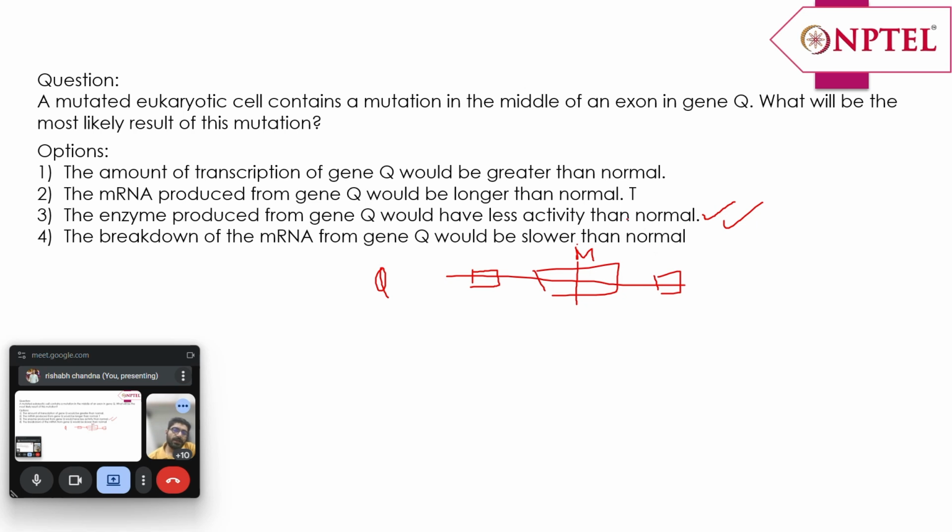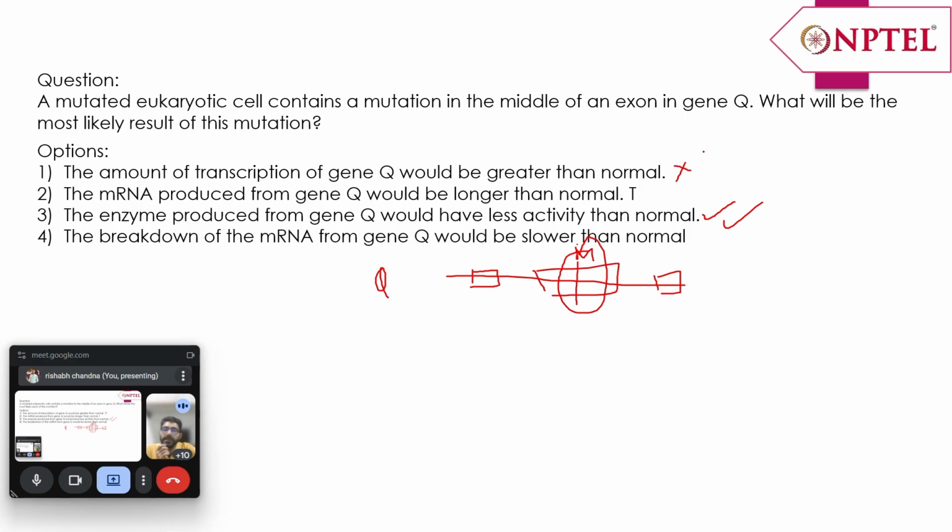So out of these options, if there is a mutation in the exon, then the amount of transcription of gene Q would be greater than normal. So if there is any mutation in the exon, then there would be no effect on the transcription levels.